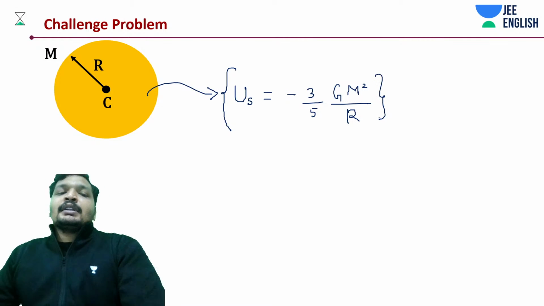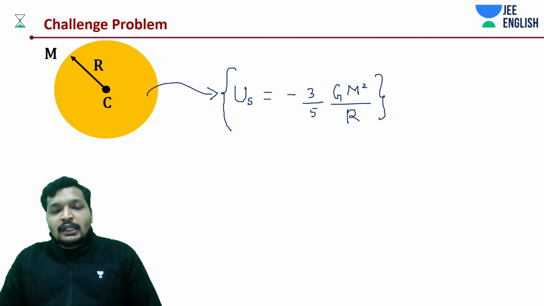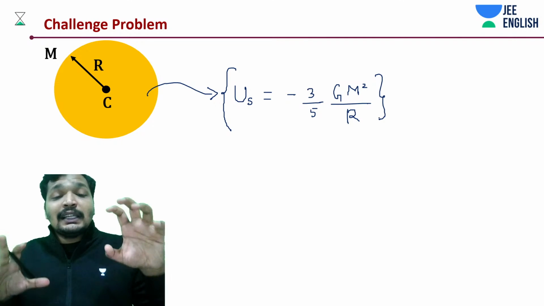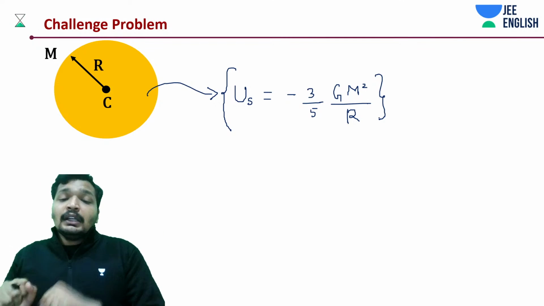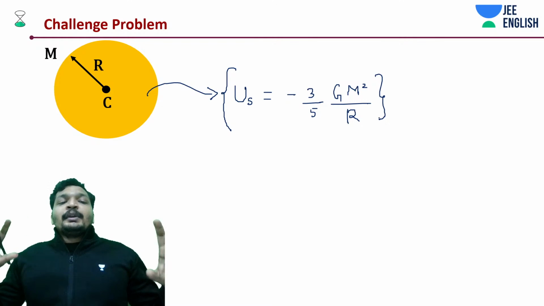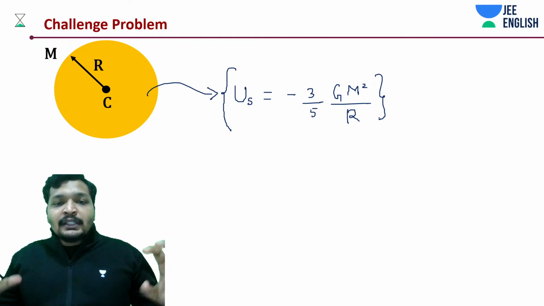You can remember this, but the most important thing is how it works. If there are two solid spheres, you need to account for the self energy of each sphere and then calculate the total potential energy of the system. There is going to be interaction energy between the two solid spheres as well.